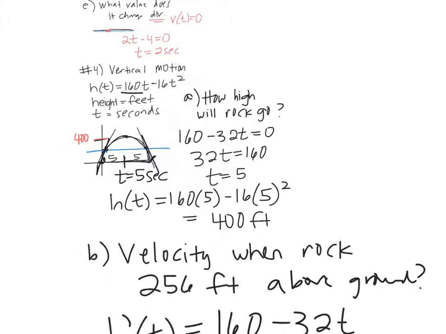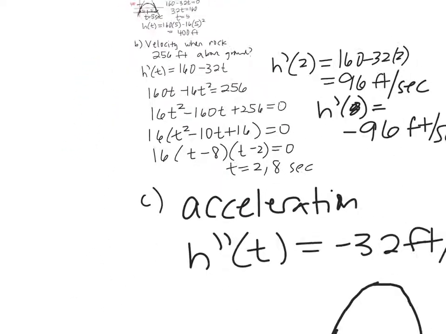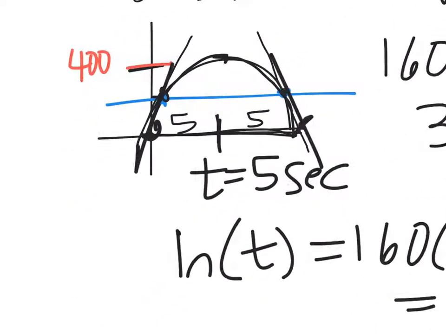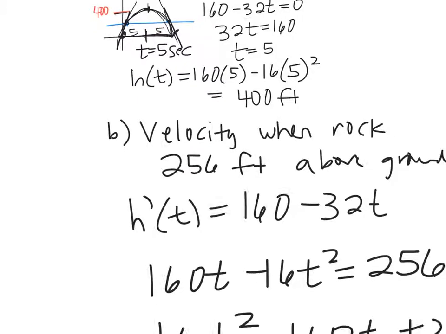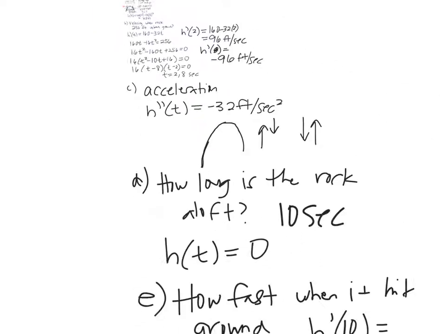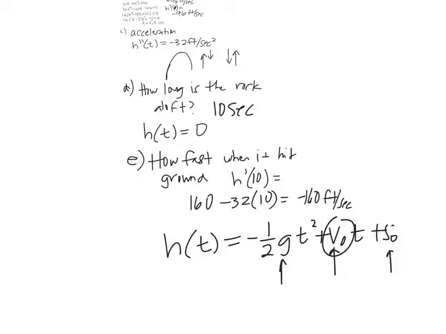For letter E, how'd you get 10 again? Oh, for this problem, all I did was just double 5 because it was symmetric since it went through the origin. 5 was the maximum height, so it was going to be 5 to here, 5 to there. That makes 10. Otherwise, you would have to set the height equal to 0 and solve. So that if the height's 0, you'll find out that t is 0, and then you'll also find out that t is 10.